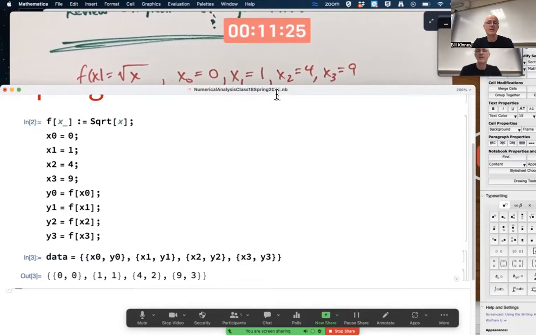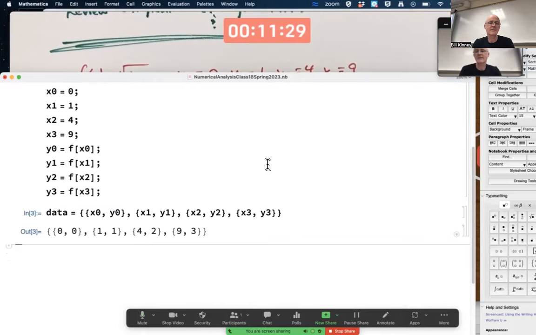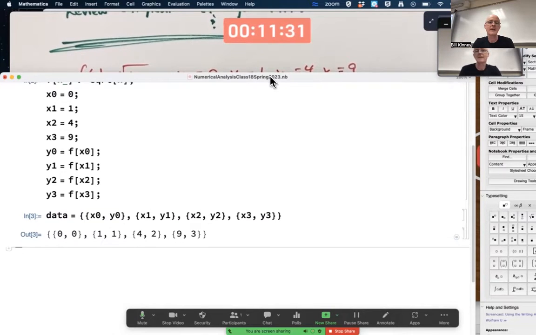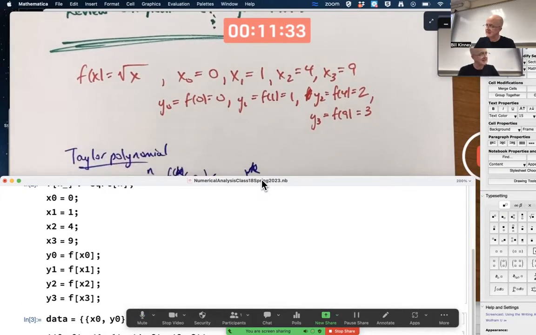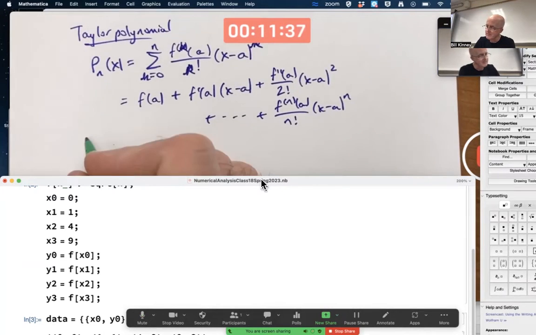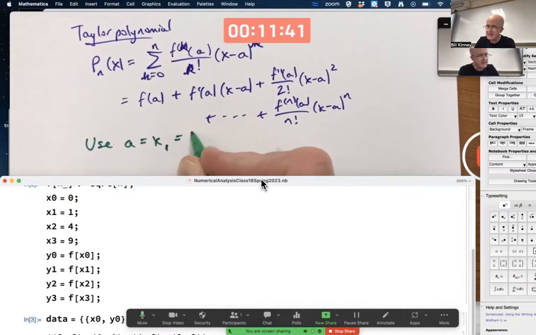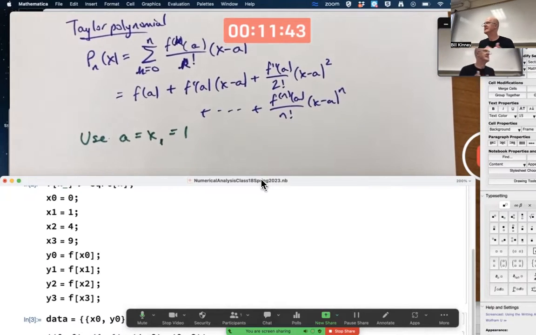Anyway, there's our data. Again, I'm going to evaluate the Taylor polynomial to be centered at a equals 1. I'm going to use the a to be x1, which is 1 again, because for this example, choosing 0 is problematic because the square root function is not differentiable at 0.